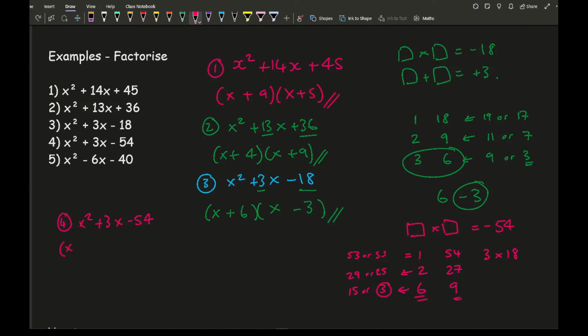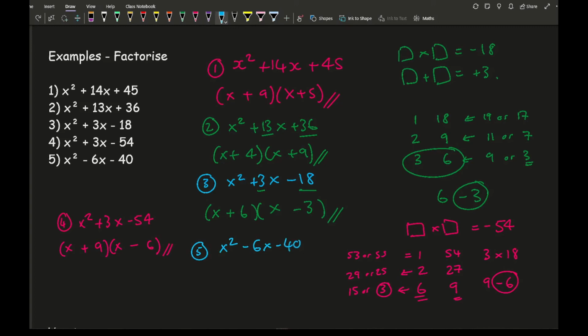So here I've got x, 9, x, and 6. Now because I want positive 3, while using 6 and 9, how can I make positive 3? Well, it's going to be 9 take away 6. So the 6 is going to be minus, and the 9 is going to be positive, and there is my final answer. Then moving on to question 5, I've got x squared minus 6x minus 40.